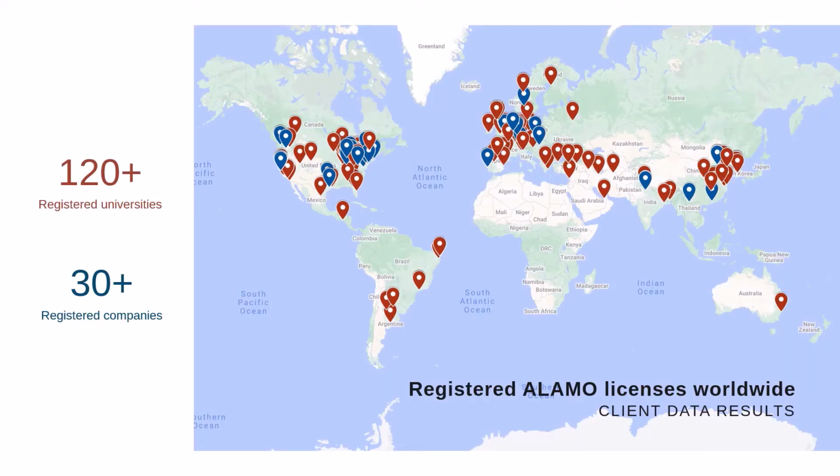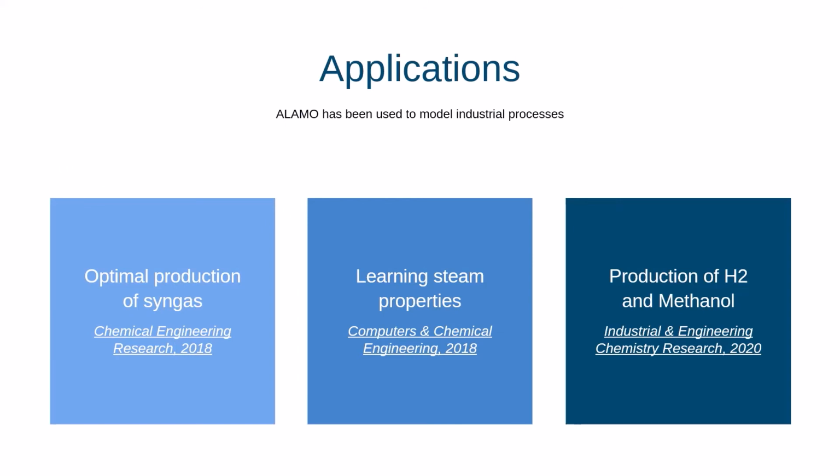Alamo has been made available for evaluation through trial licenses for a few years now. These licenses have been downloaded by users across Europe, Asia, the Americas, and Australia. We've had more than 100 academics and 30 commercial entities test Alamo and provide valuable feedback that has helped create a robust product. Alamo has already found applications in literature.